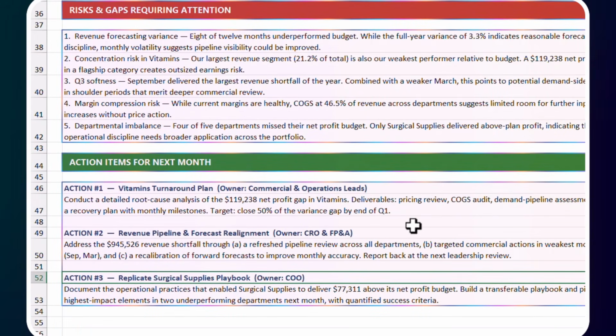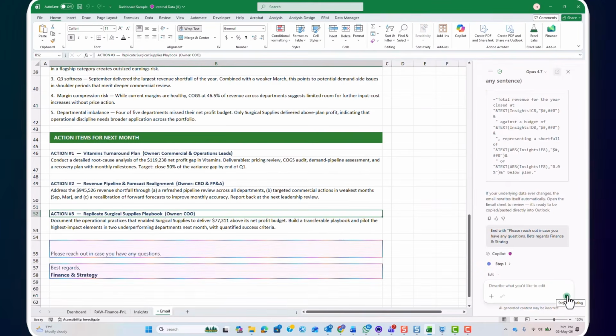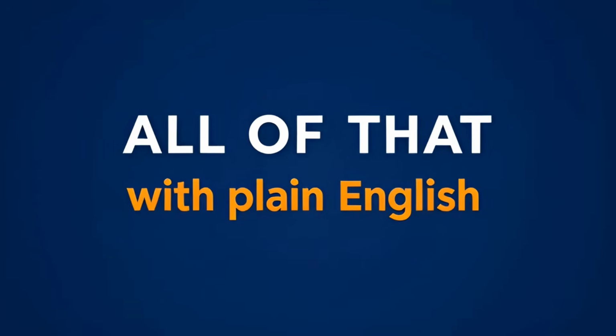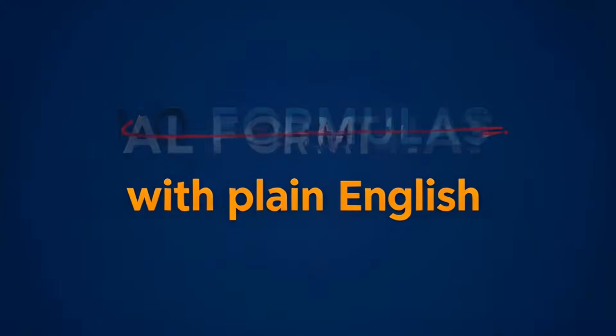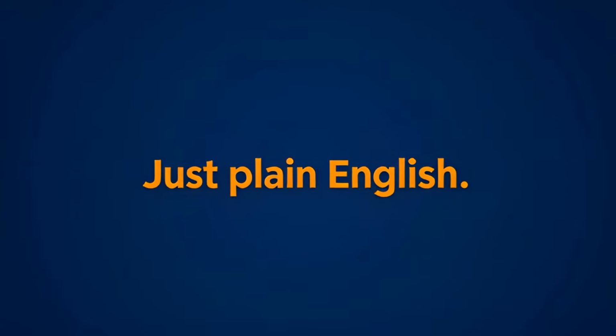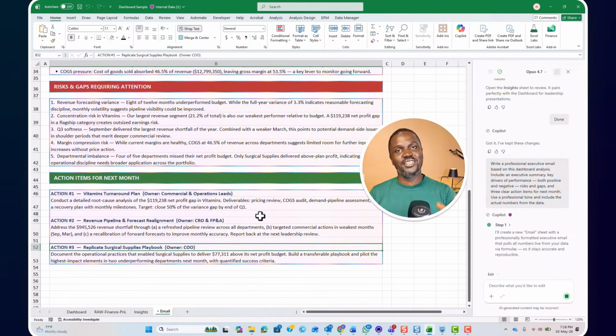It closes professionally. Please reach out if you have any questions. Best regards, finance and strategy. All of this from raw data to an executive email, done in plain English. No formulas, no VBA, no design skills required. That is the power of Microsoft Copilot.